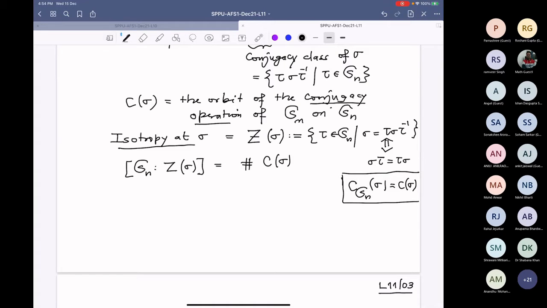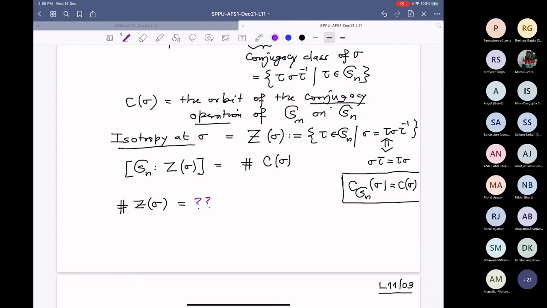And if I want to compute this, I want to compute the cardinality of Z sigma. This is what I want to compute. All right. And you may know that this group action is a very effective tool for computing cardinalities.